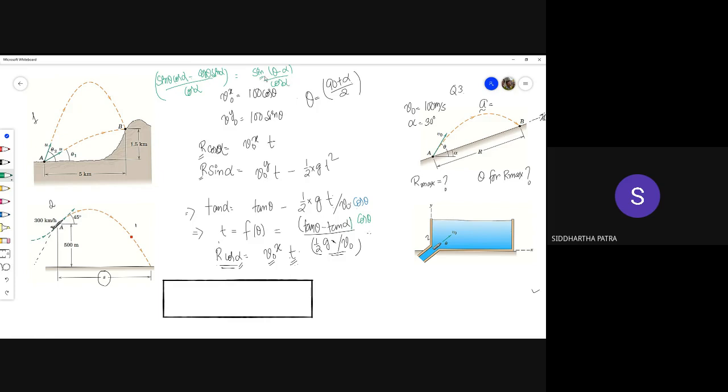Okay, so you need to maximize this, and then you get sine of, therefore you have theta minus alpha equals pi by 2. I'm sure I'm missing something. So theta equals alpha plus pi by 2 or something. So what am I missing?